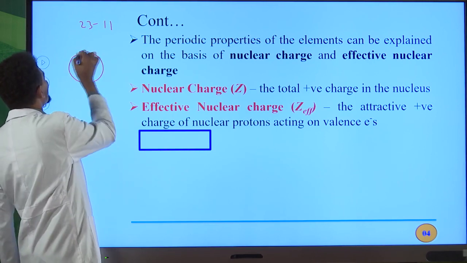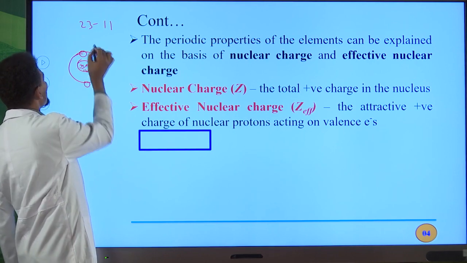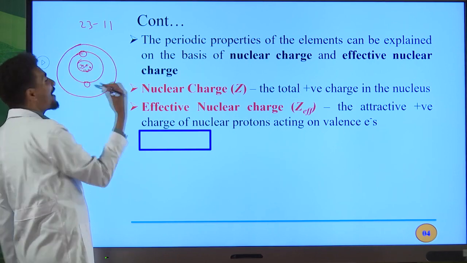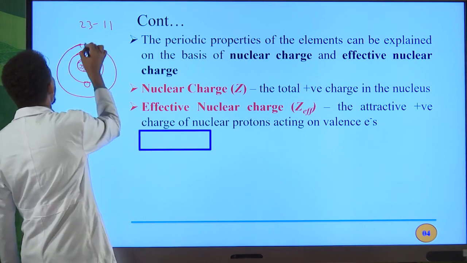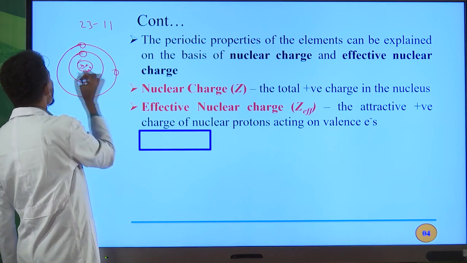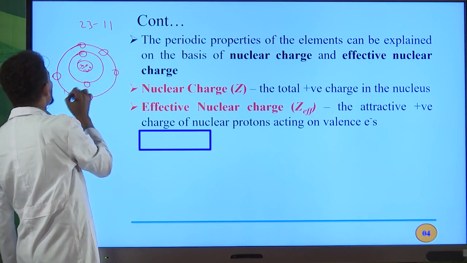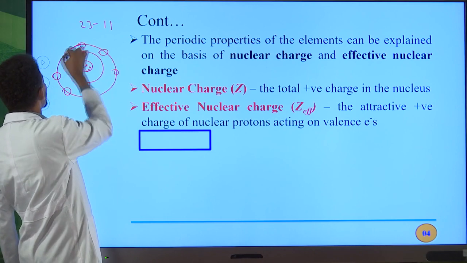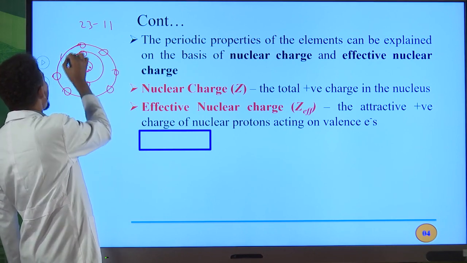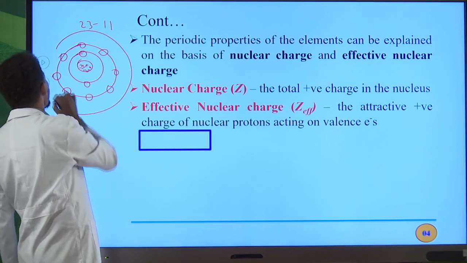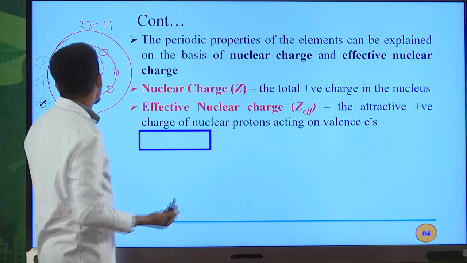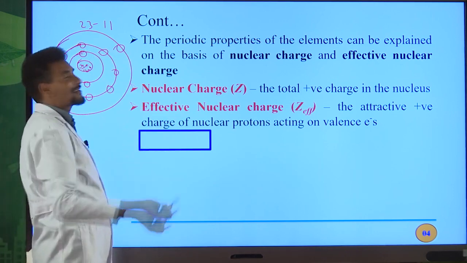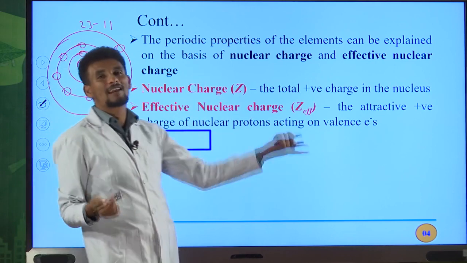The first shell contains only 2 electrons. The second shell can have a maximum of 8 electrons. So totally we have 11 electrons for the sodium atom: 1, 2, 3, 4, 5, 6, 7, 8. And the third shell contains only 1 electron for the sodium atom, because totally we have 11 electrons.